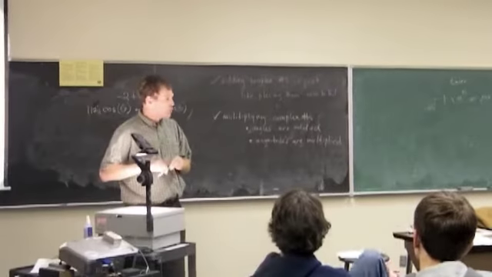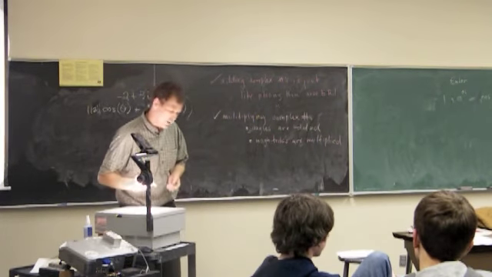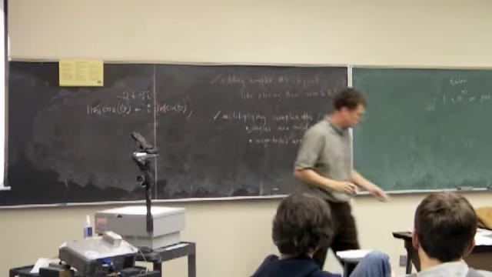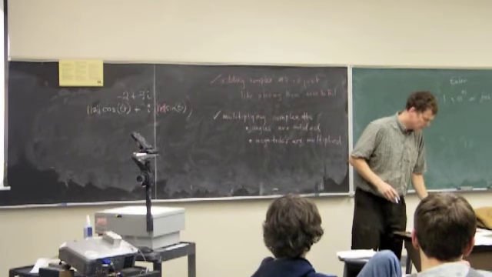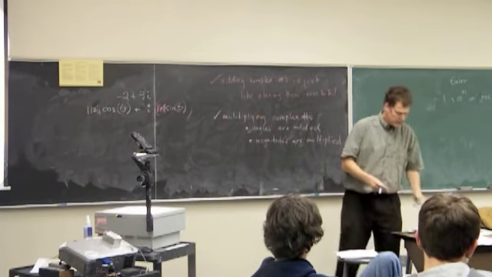I think that's a cool result, how to explain where that comes from. The last thing I want to talk about is this thing called the Mandelbrot set. The Mandelbrot set is a set of complex numbers.